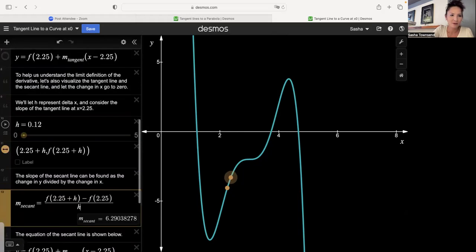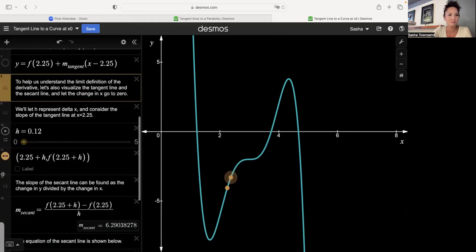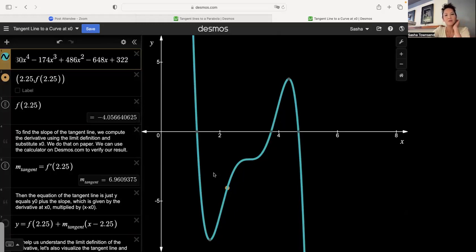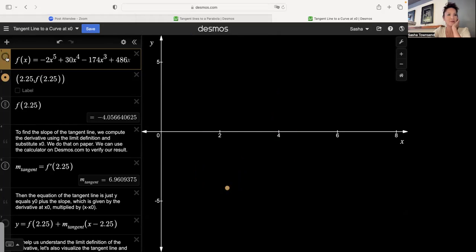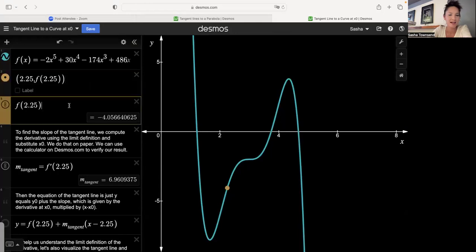Where did that other point come from? Oh, okay. So we're interested in the slope at that particular location, just for right now. That's the function value there.